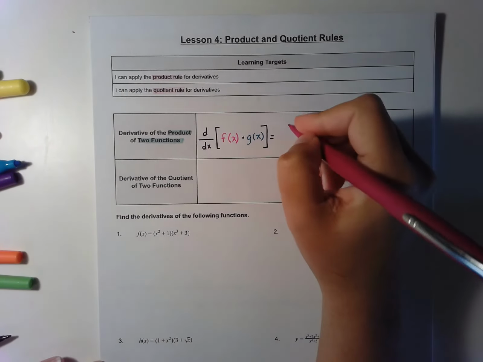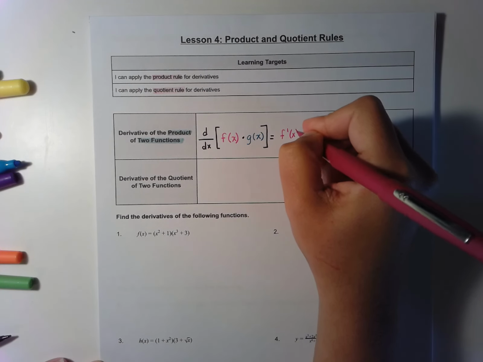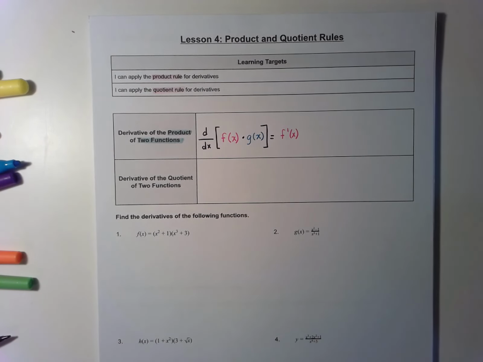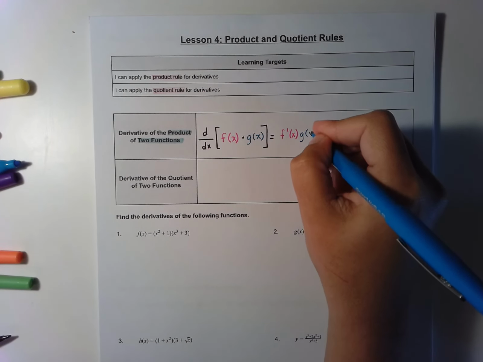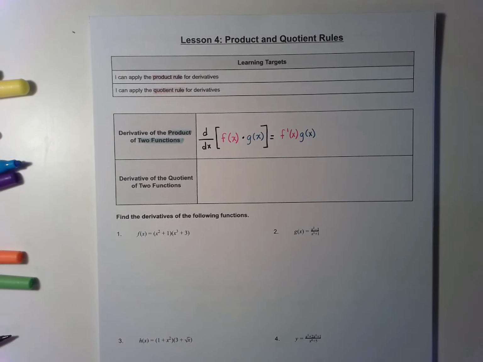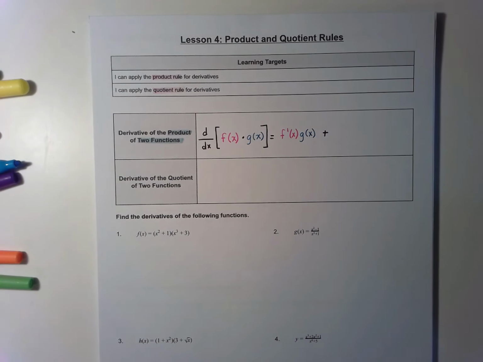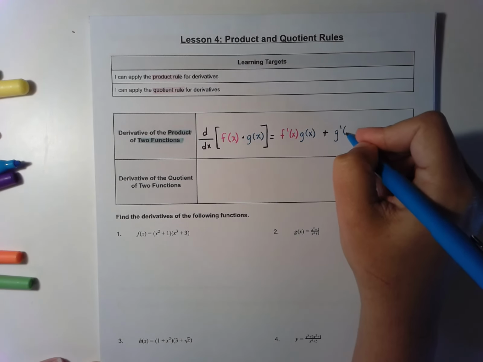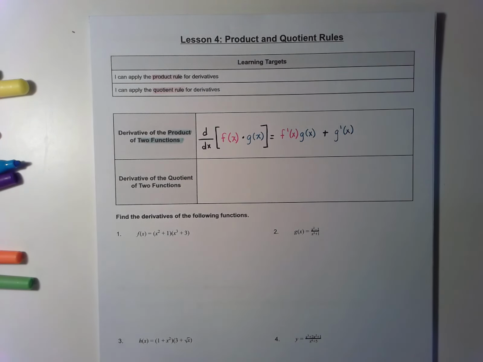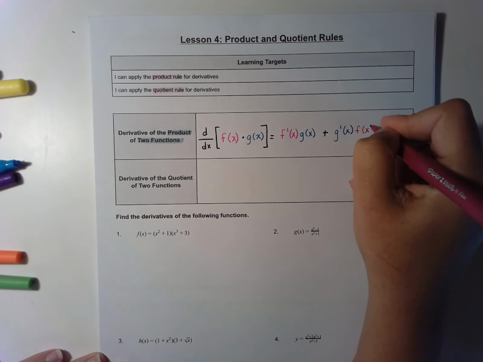The rule is you take the derivative of the first function, so f prime of x, and you leave the second function alone. So it's just g of x. So take the derivative of the first one, leave the second one alone. Then you put a plus sign, and then you take the derivative of the second function, so g prime of x, and you leave the first one alone, so f of x.